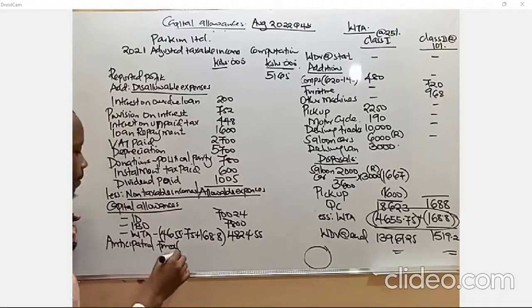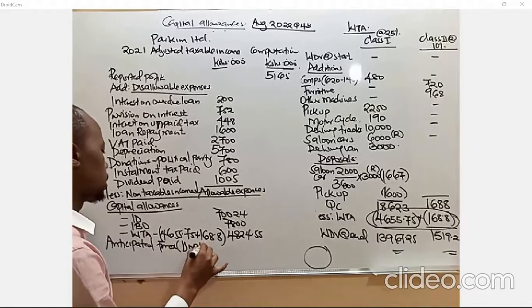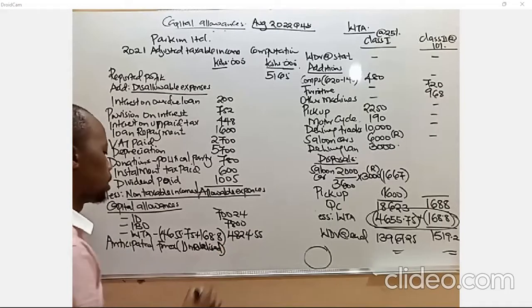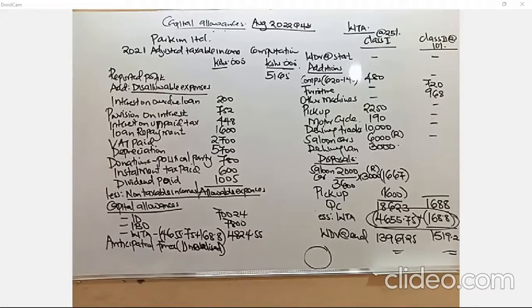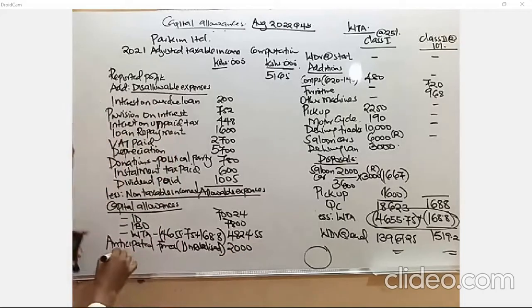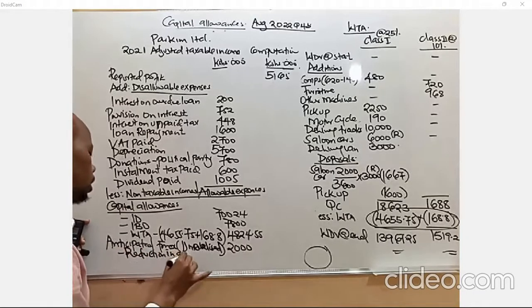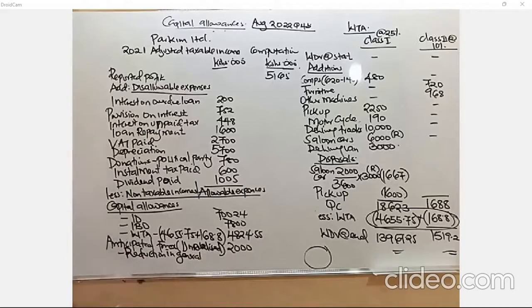In this case, you say this was unrealized. So unrealized amounted to 2,000. Then we have another thing here, which is called reduction in general bad debts. Those are non-taxable incomes amounted to 620.